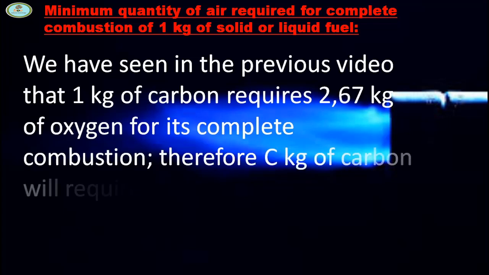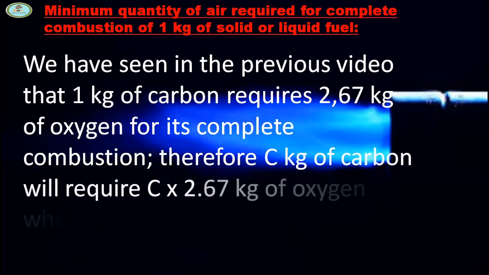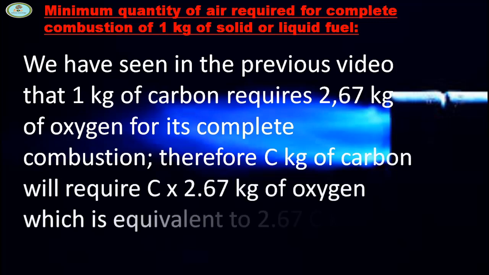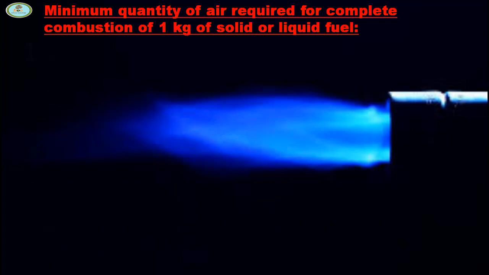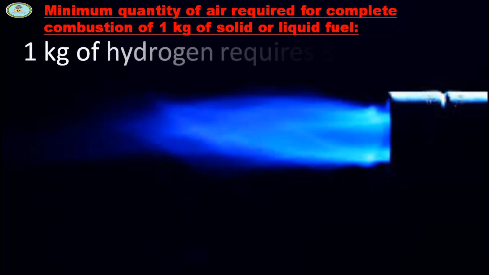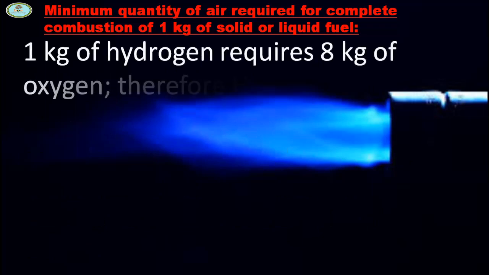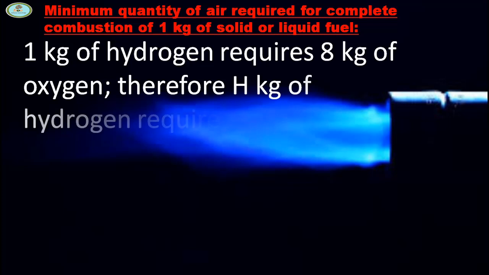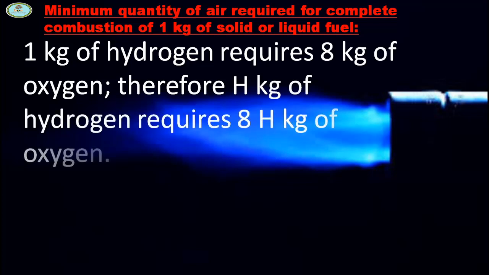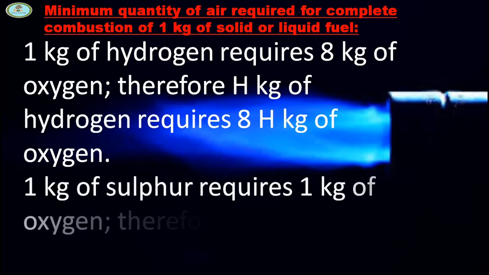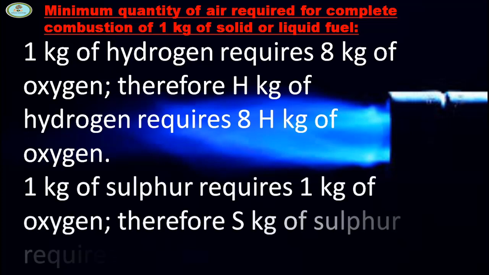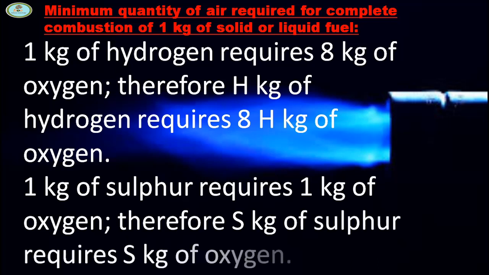Therefore, C kg of carbon will require C into 2.67 kg of oxygen, which is 2.67 C kg of oxygen. 1 kg of hydrogen requires 8 kg of oxygen. Therefore, H kg of hydrogen requires 8H kg of oxygen. 1 kg of sulfur requires 1 kg of oxygen. Therefore, S kg of sulfur requires S kg of oxygen.